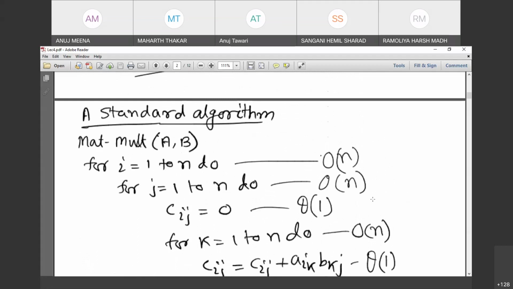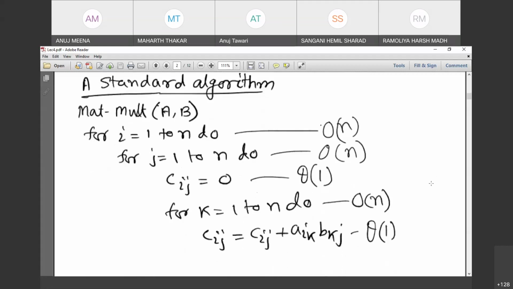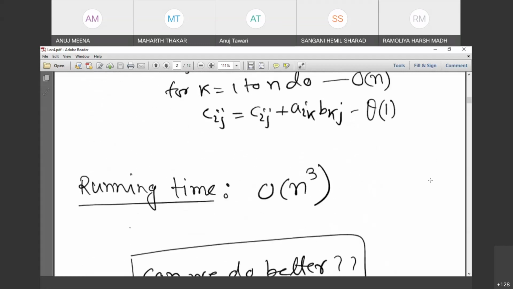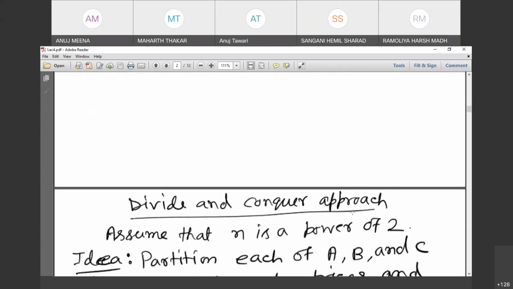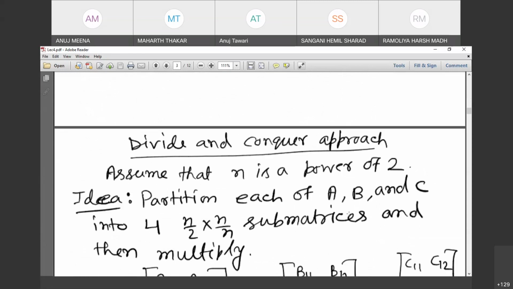And we were trying to improve upon this algorithm using divide and conquer. So the obvious question is, can divide and conquer help us do better, and get better than n cubed? There was one approach we saw.